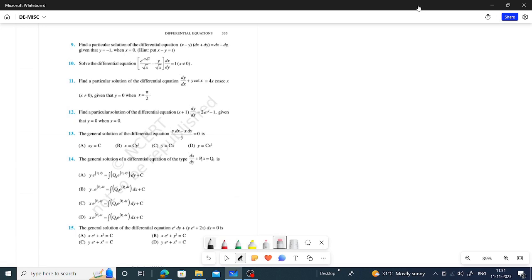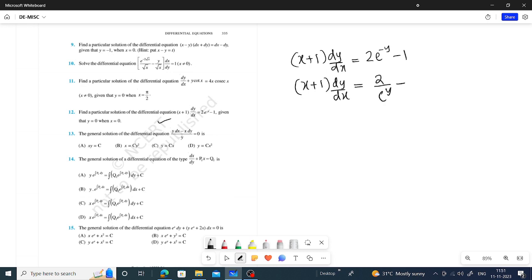Question number 12. x plus 1 dy by dx equal to 2 e raised to minus y minus 1. So x plus 1 dy by dx equal to 2 minus e raised to y by e raised to y.